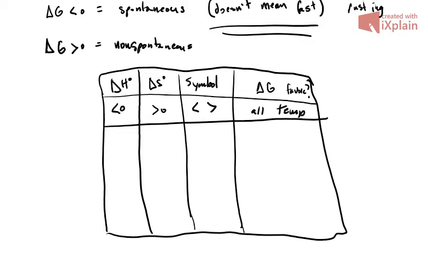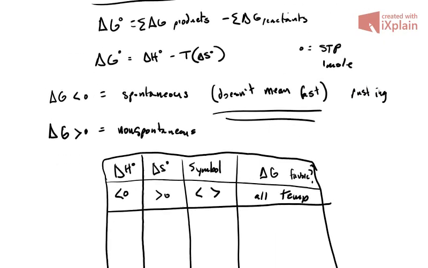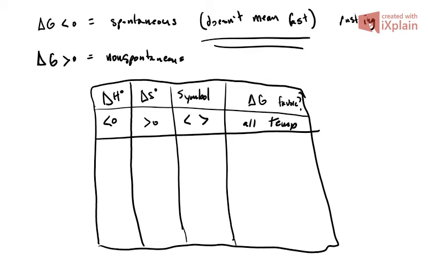That means it's spontaneous at all temperatures. Because of the signs, it doesn't matter what temperature you're at, you're always going to have a negative number. The temperature is in Kelvin, so it cannot go negative, and so you're always going to have a spontaneous event in this case.